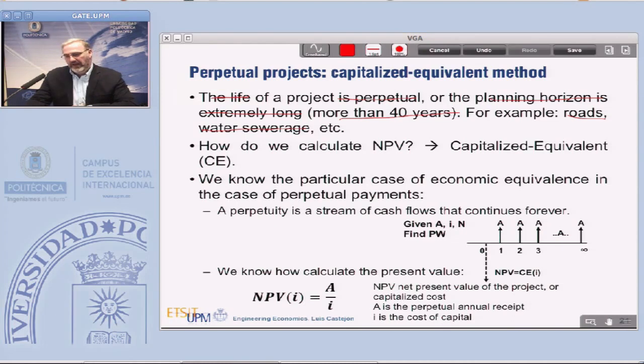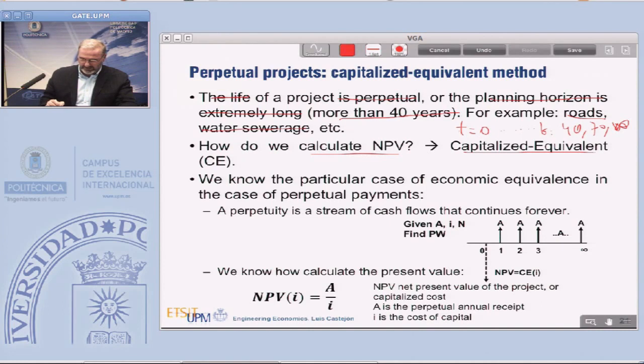So how do we calculate the net present value of those kinds of investment that start at time equal to 0 and last at least until time 14, or 17, or 70, or even to infinity? The way to calculate the net present value is a methodology called the capitalized equivalent.